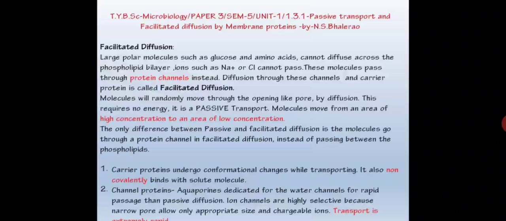So this is called facilitated diffusion. Molecules will randomly move through an opening like a pore by diffusion. This requires no energy. It is a passive transport. Why is this passive transport? Because it's along the concentration gradient, from higher concentration to lower concentration.